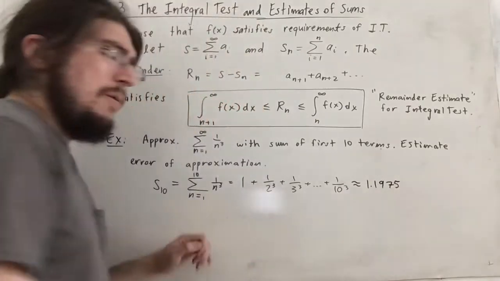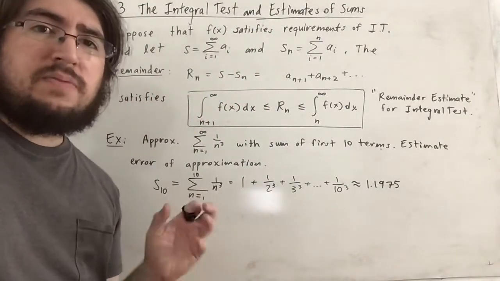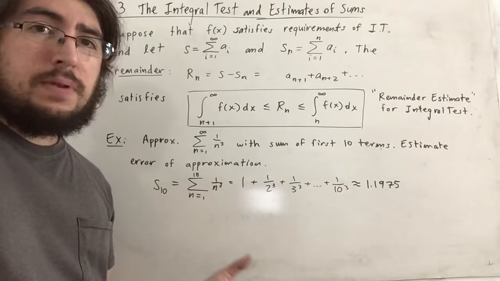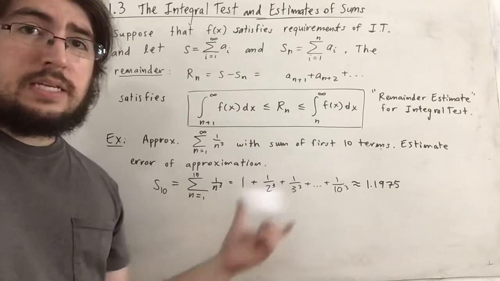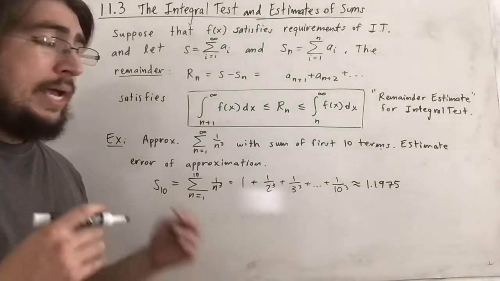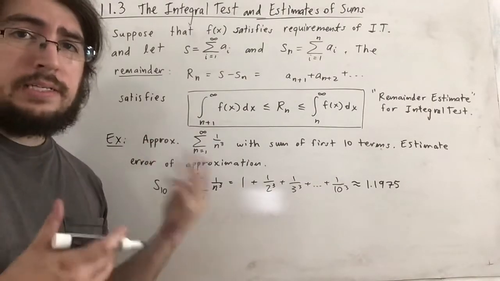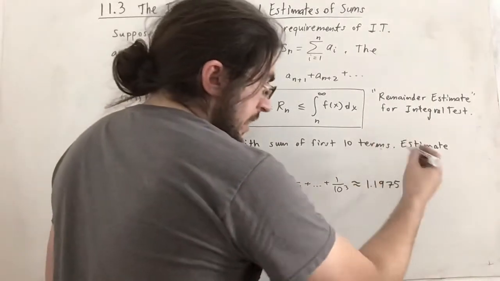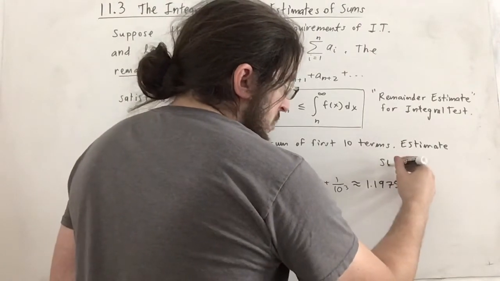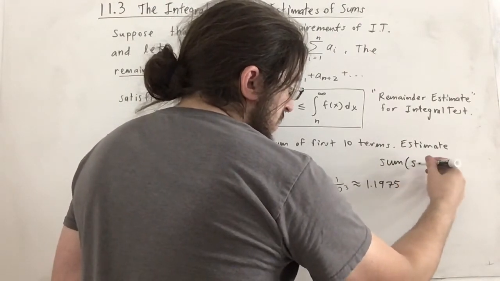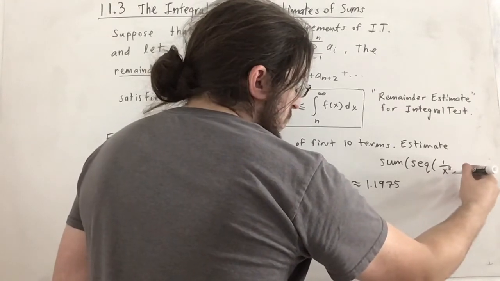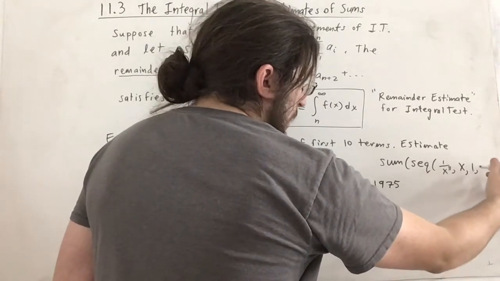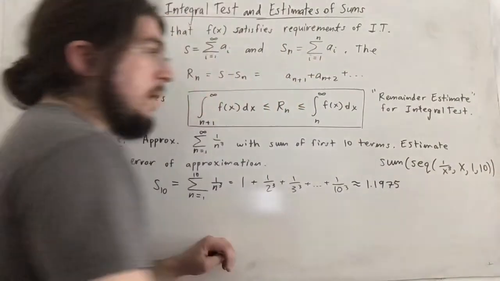All right, so I got about 1.1975. In fact, I want to explain, there's a really nice feature of the TI-83 Plus, or any TI beyond that, that allows you to figure out these sums pretty quickly, and it is sequence and sum. The way I did this is I took the sum of the sequence of 1 over x cubed, comma x, comma 1 to 10, close parentheses twice.